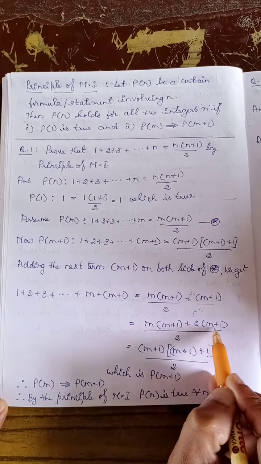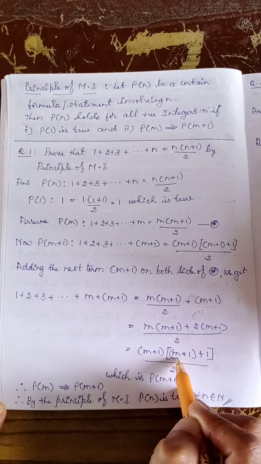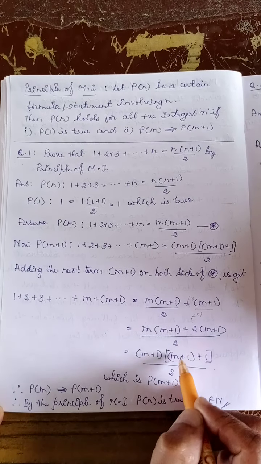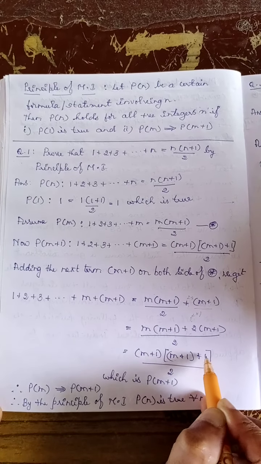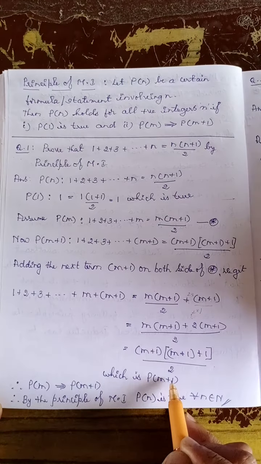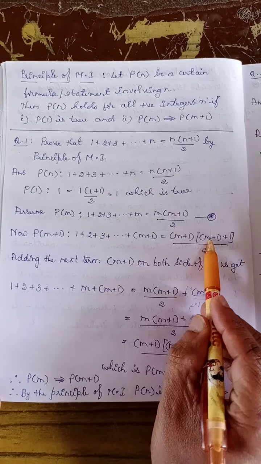Here m plus 1 is common, keep it outside, then the remaining is m plus 2. So it is (m plus 1) into (m plus 2) divided by 2, which is the same as p of m plus 1. Therefore p of m implies p of m plus 1.